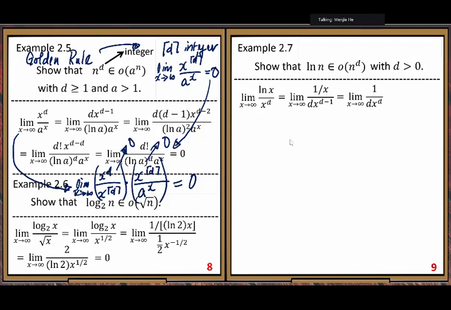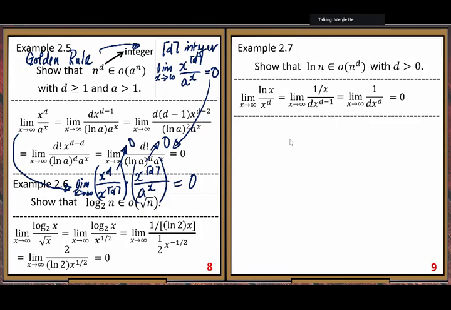The answer is 0. That means we can go back to the discrete version and make this conclusion. Because d is only positive, not necessarily an integer, any positive number, it is correct.